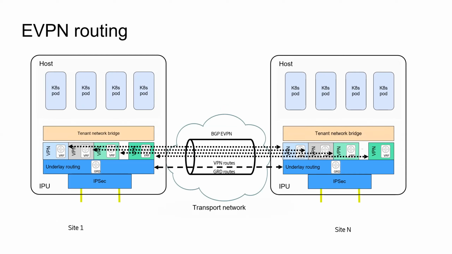Below that, we have the underlay routing, which we've labeled GRD here in the diagram, which stands for Global Routing Domain. And that obviously allows the IPU to connect to a PE router or to another edge gateway. At the bottom, as we mentioned before, everything's encapsulated in ESP IPsec, and that ensures the confidentiality and authentication of packets.